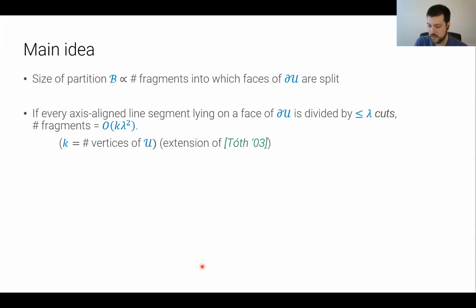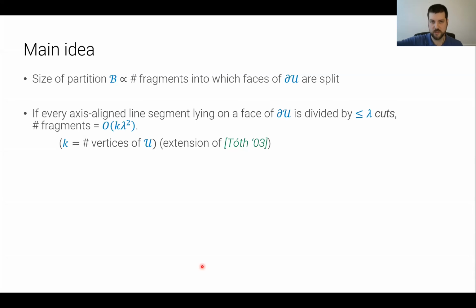Right. So by extending an argument by Toth from binary space partitions, we have the following. If our partition is done in such a way that any axis-aligned segment that lies on the face of the boundary is only being divided by, say, lambda cuts, these rectangles that we're splitting our boxes by, the total number of fragments that we create is order k lambda squared, where again, k is the union complexity.